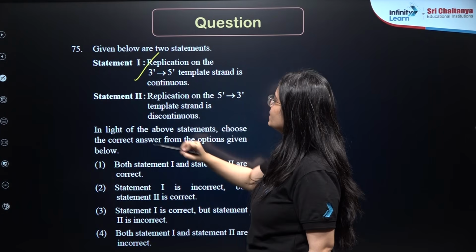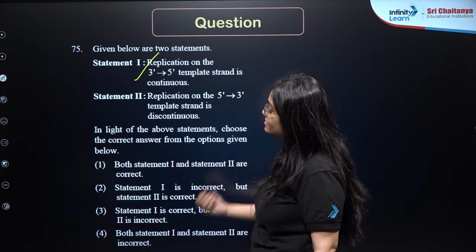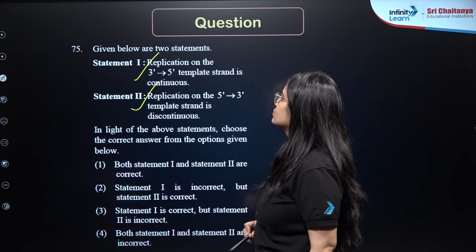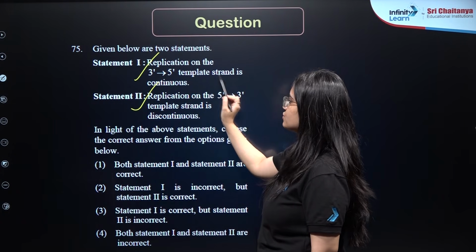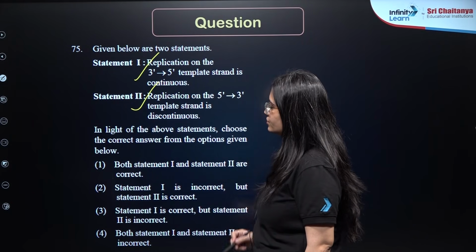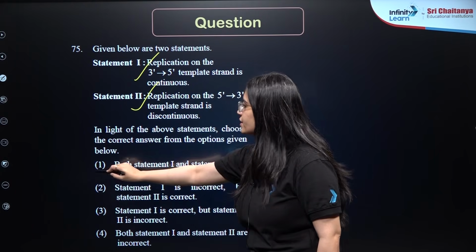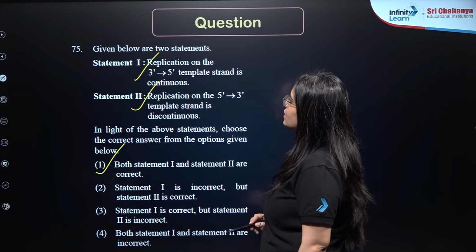This is a right statement. Replication on the 5' to 3' template strand is discontinuous. This is also correct. So here both statement 1 and statement 2 are correct. So 1 should be your right answer.